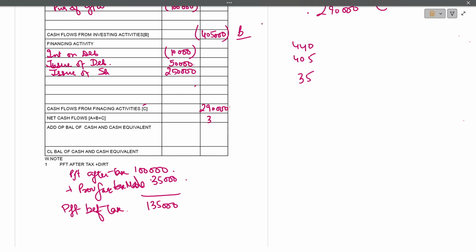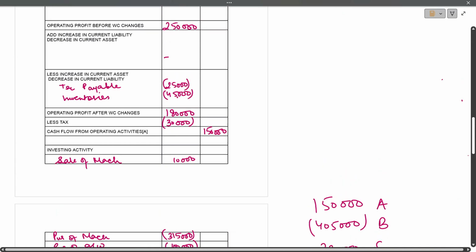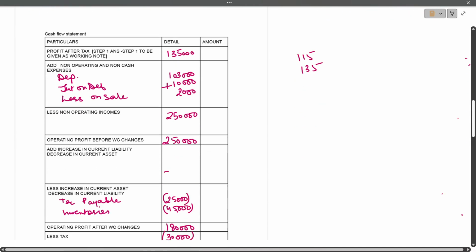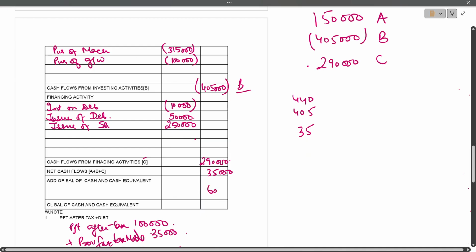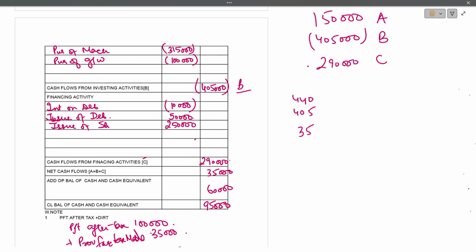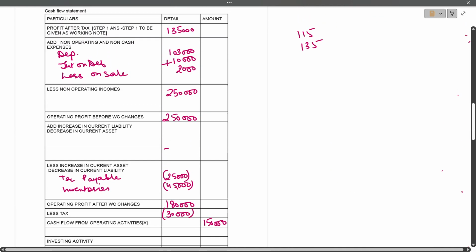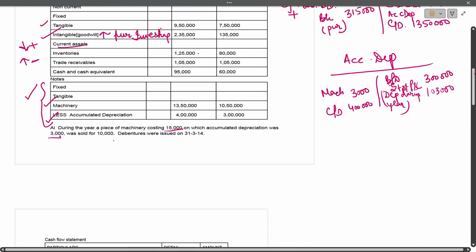So I get here 35,000 as A plus B plus C. Now let me look for my opening balance of cash and cash equivalent. My opening balance is 60,000. So when I add 60,000 to 35,000, I get 95,000 rupees. If my closing balance of cash and cash equivalent is this, I have solved this question almost correctly.